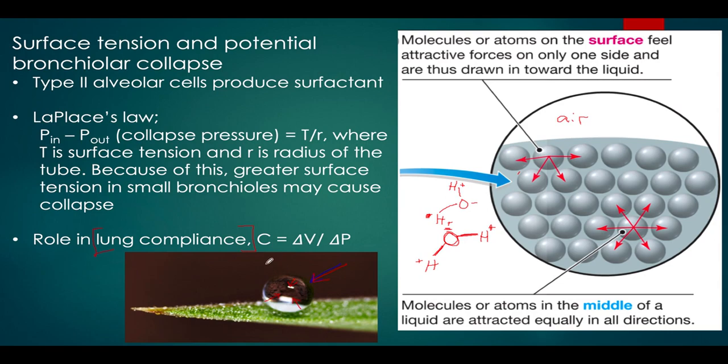Okay. Now, Laplace's law is referring to this idea that surface tension can cause collapse. And we're going to apply it to the small bronchioles. So we're going to apply it to a tube. We're not going to apply it to the alveoli.